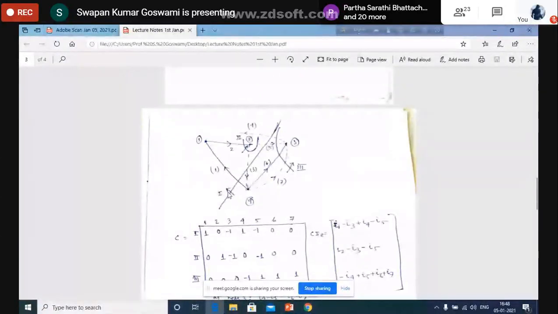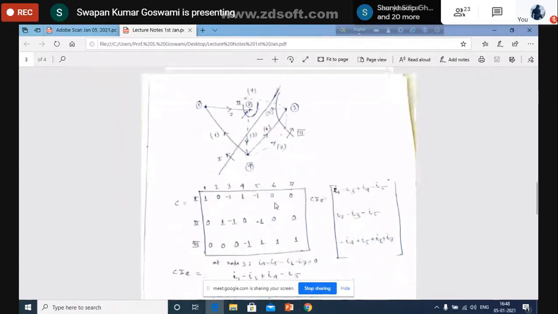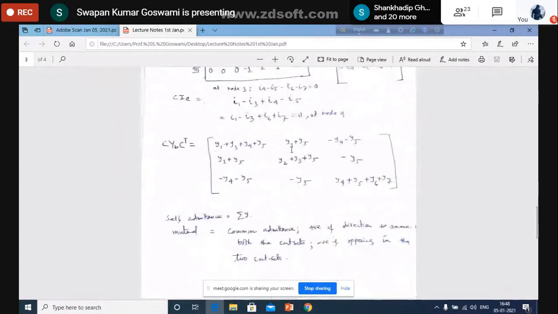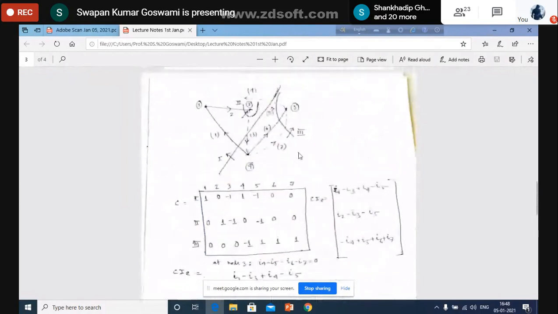Okay, so y3 has the same direction with respect to cursor 1 and cursor 2. Both are opposing. Since the directions are the same with respect to both the cursors, this admittance is appearing as a positive admittance, y3. Similarly, what is happening to y5?